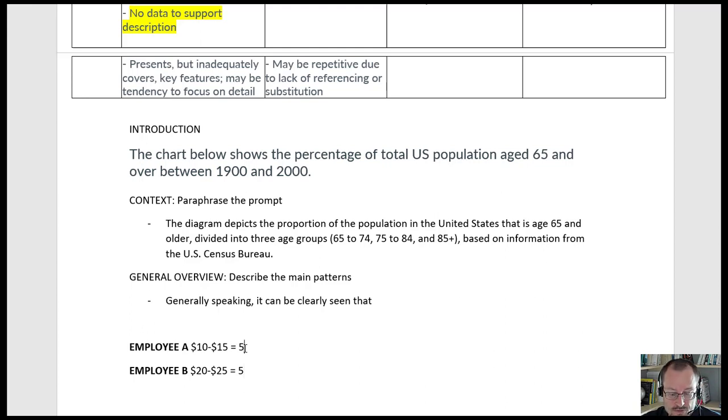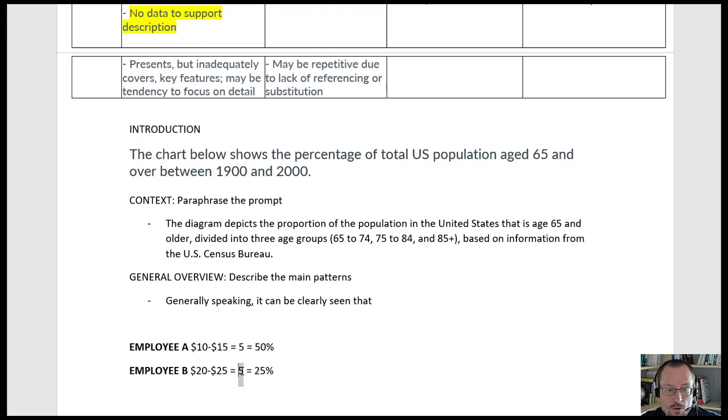So $5 for employee A represents a massive 50% raise, because $5 is half the salary he was getting before. For employee B, $5 over $20 is 25%.